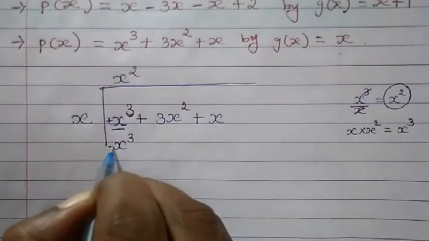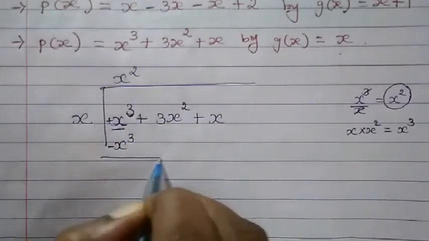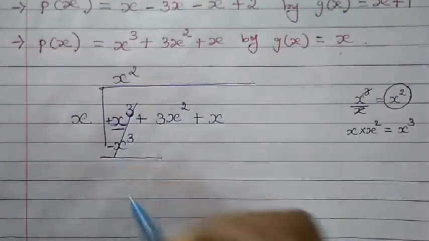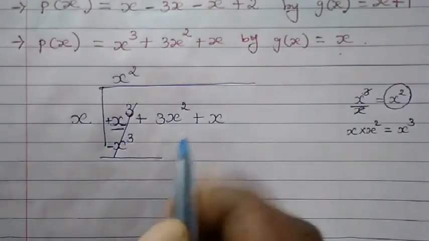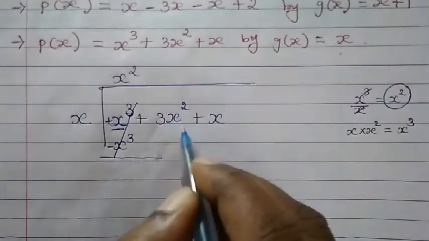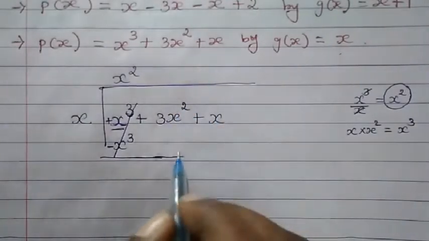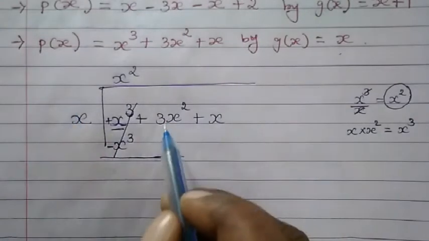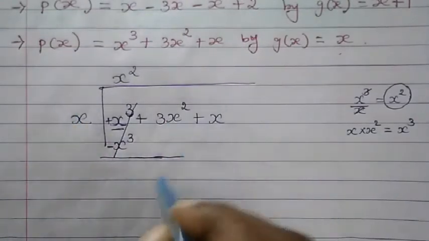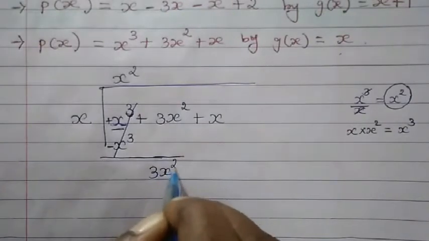So this will become minus now. So what we will get, this becomes 0, because this is plus x cube and this is minus x cube. So now let's bring down the remaining terms here, or you can bring it one by one. So bring down one term, that is this.